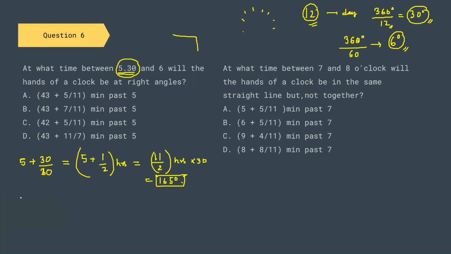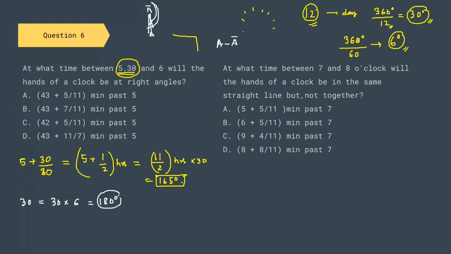Now, the minute hand has covered 30 minutes. So this will be 30 into 6, that is 180 degrees. If we consider from 12, the minute hand has covered A degrees and the hour hand has covered A dash degrees. So the angle between the hour hand and the minute hand will be A minus A dash, that means the angle inscribed by the minute hand minus the angle inscribed by the hour hand, whichever is larger.